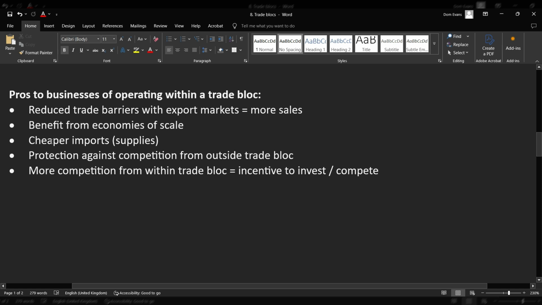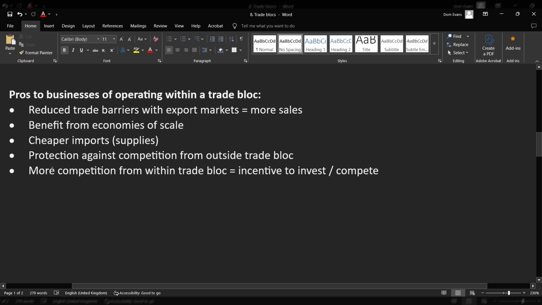I should hopefully be able to access more suppliers within my trade bloc, driving down my costs of materials and so on. Not only these, I'm protected against competition from outside the trade bloc. So European car manufacturers, because of the common external tariff, are protected against those Japanese car manufacturers, American car manufacturers, etc.